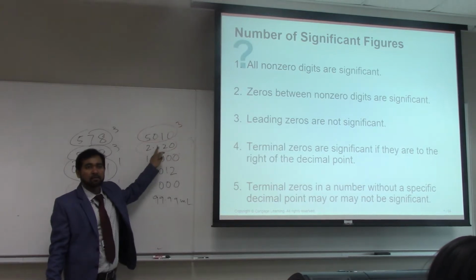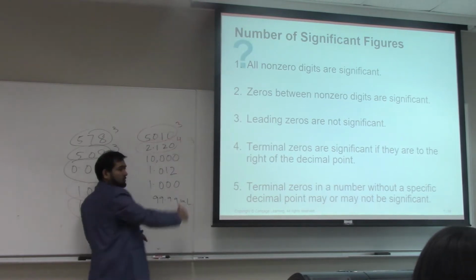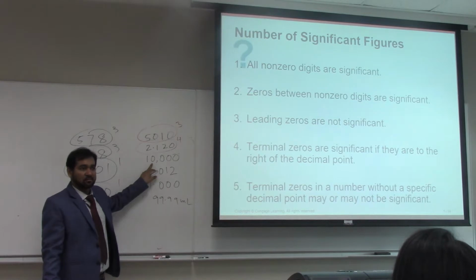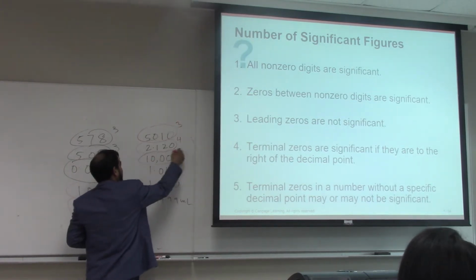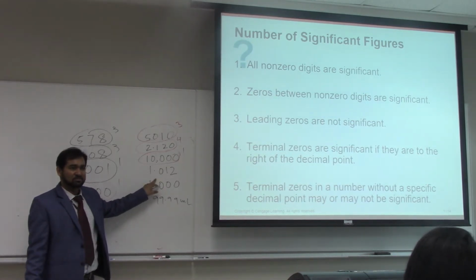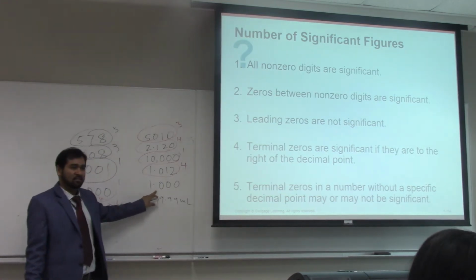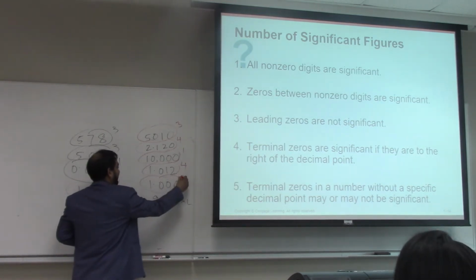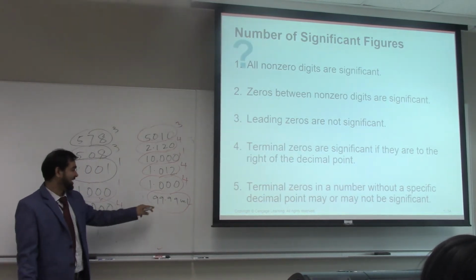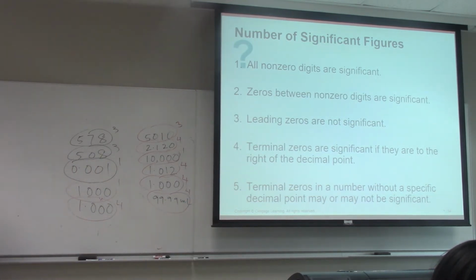Why? Decimal involved, right? So 1, 2, 3, 4. 4 significant. Right? And 10,000. Very good. 1. 1.012. 4. Beautiful. Fantastic. 4. How about this one? It's already there, right? Okay. How many? 4. Any question?